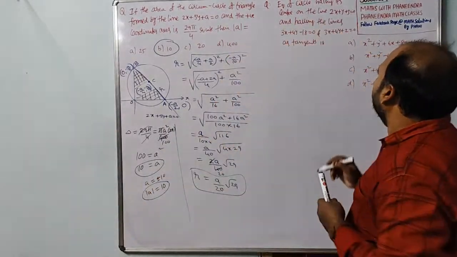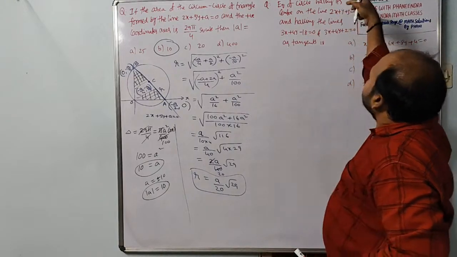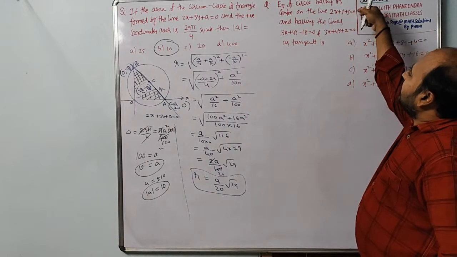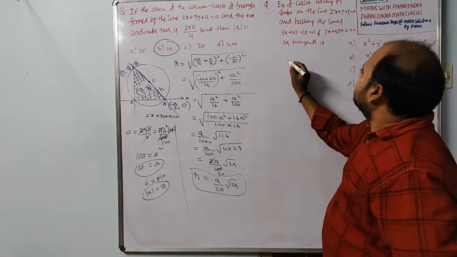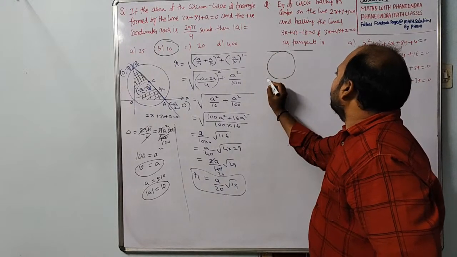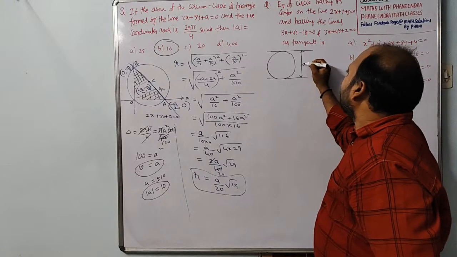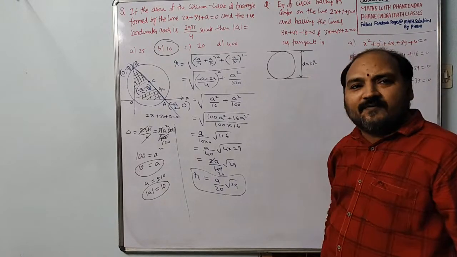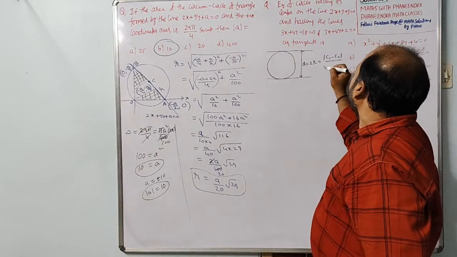Now we can come to here. Equation of circle having its center on the line 2x plus y plus 3 equal to 0 and having the lines, these two, as tangents. See, this is the circle equation. Tangents are there, this one and this one. Tangents means indirectly the distance between them is the diameter, equal to 2 times the radius itself. Distance between two parallel lines is mod c1 minus c2 by root of a square plus b square.